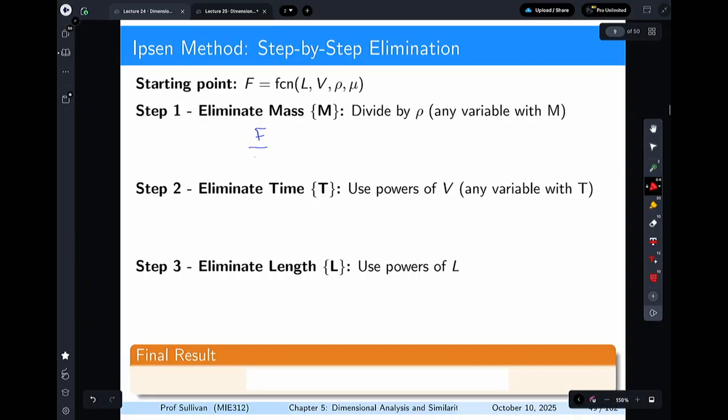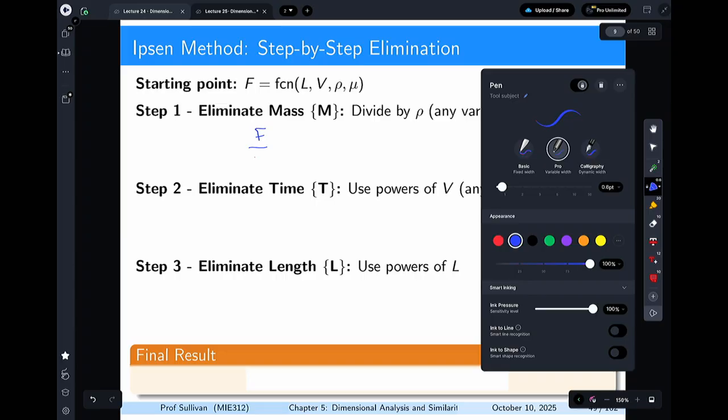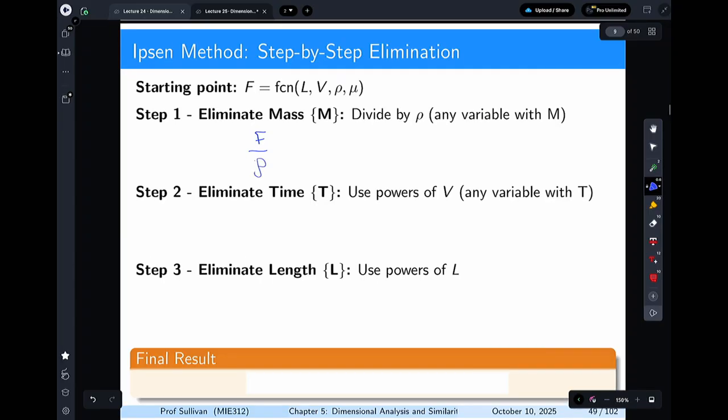Force over density is equal to a function of L, V, mu over rho. So all the terms that have mass in them, I have now canceled out.